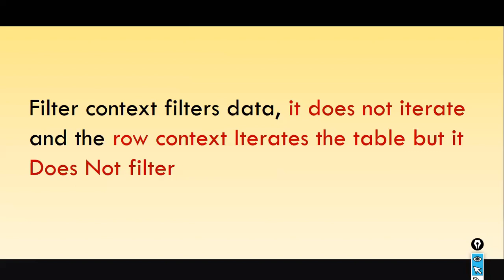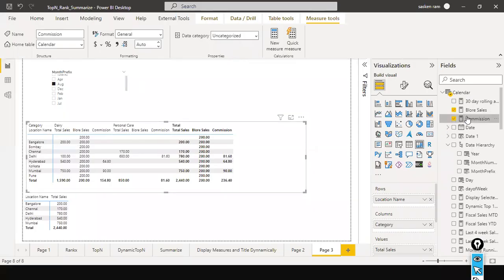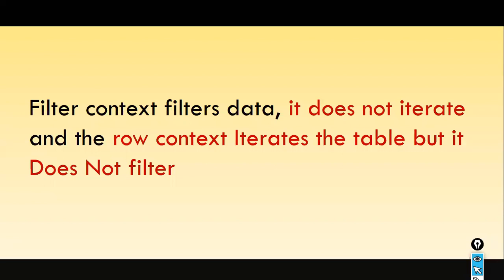Apart from a calculated column, is there any way we can create the row context programmatically? Yes, using an iterating function, the SUMX function. I've shown you a while back. In the measure, look here. In this case, the commission performs the calculations row by row. SUMX is an iterating function. Good. If you remember these points, that is enough at this moment.